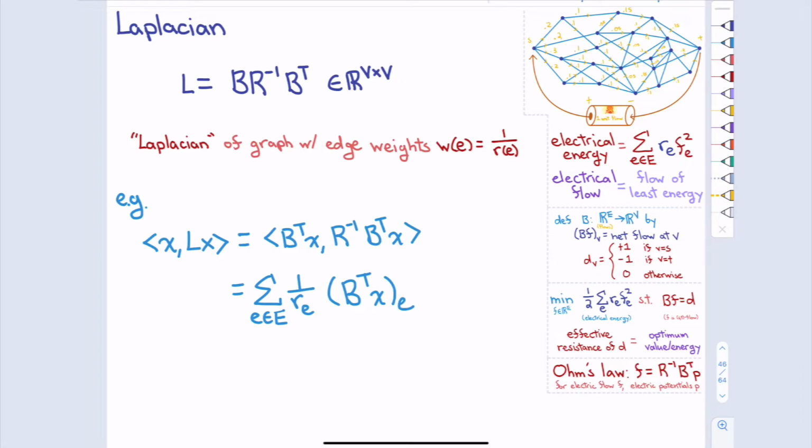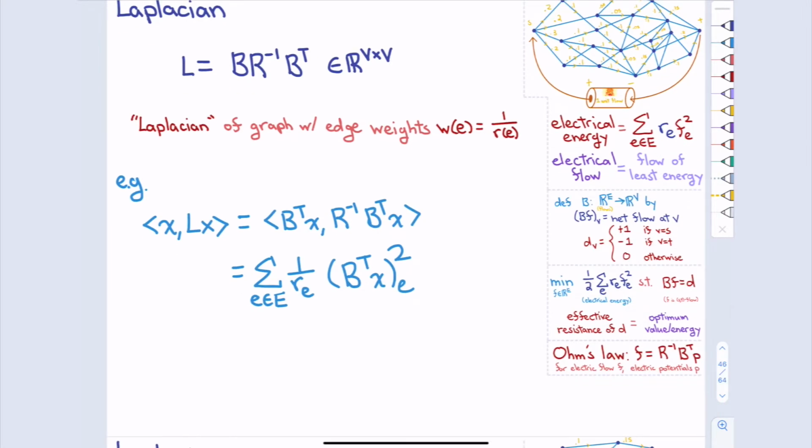So we're summing over E, 1 over the resistance of E, B transpose x, E. Okay. We didn't look at B too carefully before. This should be squared, shouldn't it? So we didn't look at B transpose too carefully before, but if you did think about it, so what's it doing? So that doesn't matter.